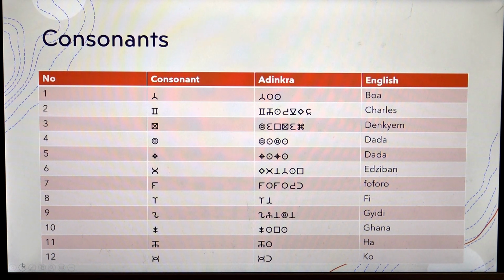And then after that we have the ch character. In Akan words such as dencham, because there's no C in the Akan alphabet, ky is used in place of ch, but in Adinkra you will use the ch, so that will be dencham.